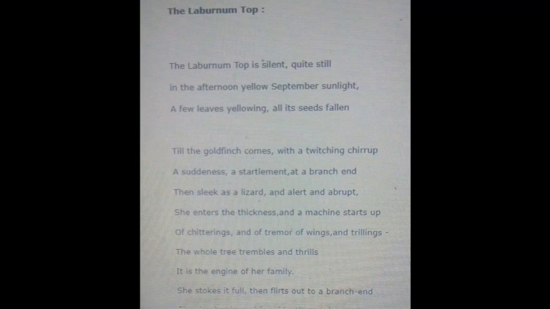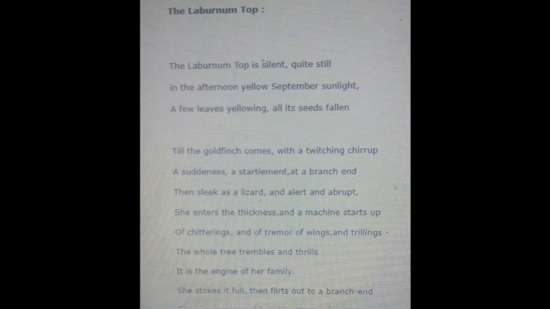So in the next stanza: till the goldfinch comes with a twitching chirp, a suddenness, a startlement at a branch end, then sleek as a lizard and alert and abrupt, she enters the thickness and a machine starts up. Till here we are going to explain it.